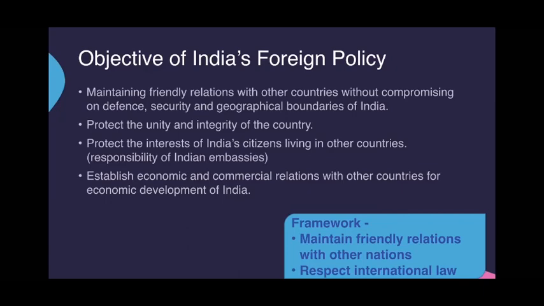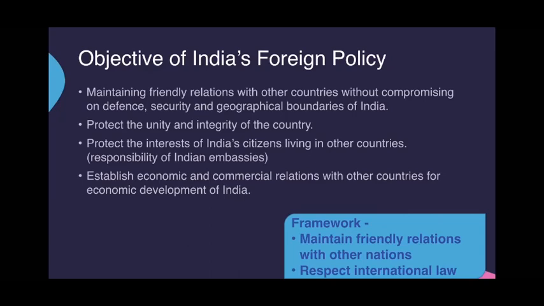So just to maintain friendly relations with another country, we should not compromise on the defense and security of the country, and definitely not allow any other country to intrude or capture areas of the country. Any other country should not enter inside the geographical boundaries of the country.